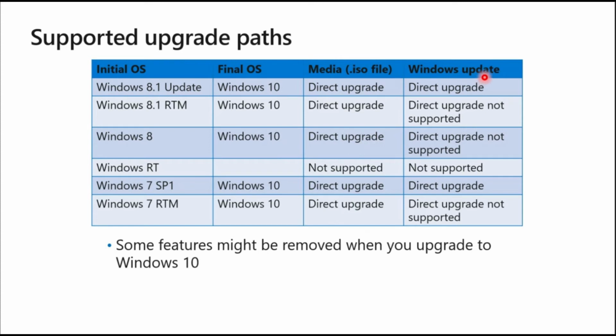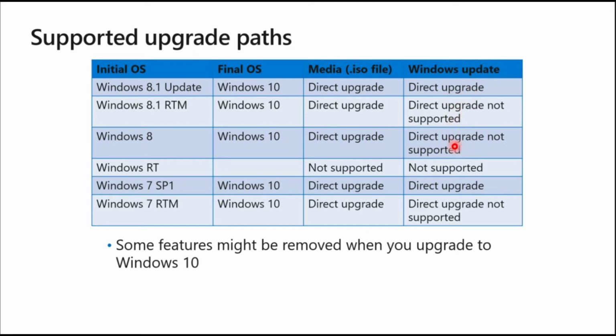Then you have Windows Update. Direct upgrade not supported, direct update not supported. Upgrade means Microsoft doesn't support it anymore. If you have 8.1 and 8, you cannot simply upgrade.